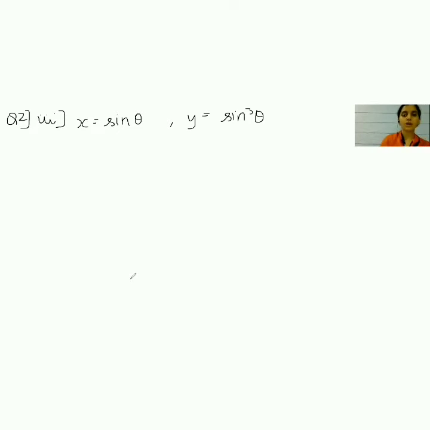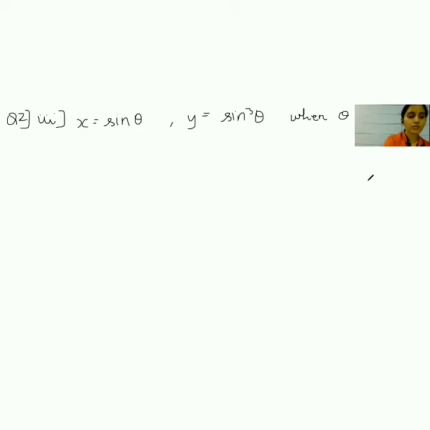Again, they are parametric functions, that is, there is a parameter theta in it, and you have to find the value of d2y by dx square when theta is equal to pi by 2. Okay, so let us begin.